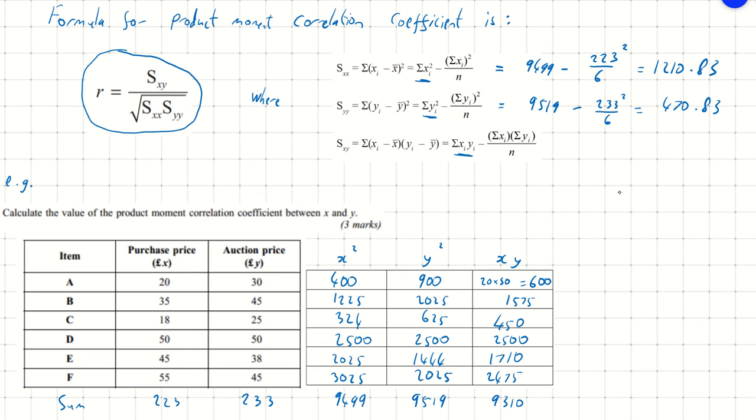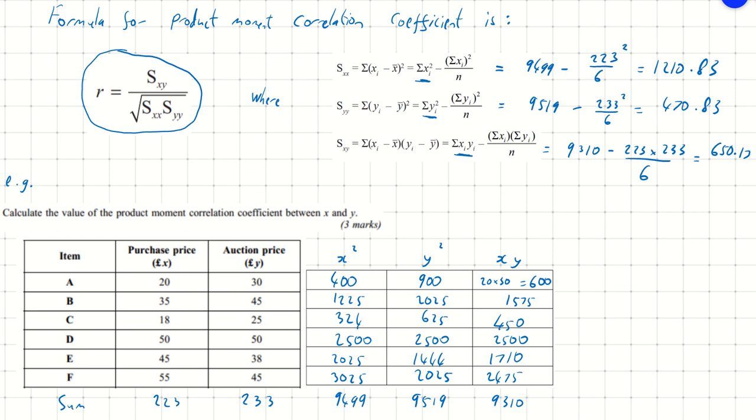And finally, SXY, I need the sum of x times y. Well, that was 9310, and I have to take away the sum of x, that's 223, times the sum of y, that's 233, divided by n, that's 6. And if I work all of that out, I get 650.17.